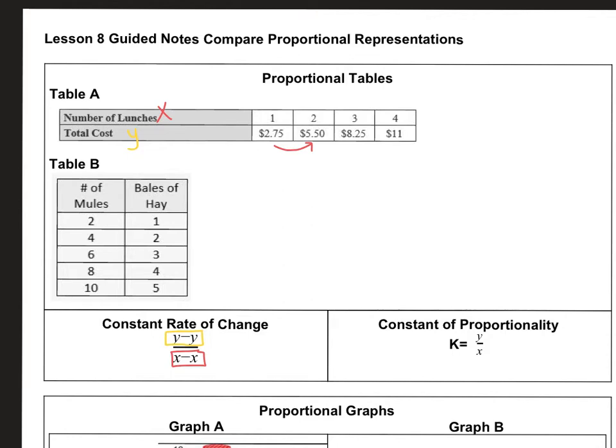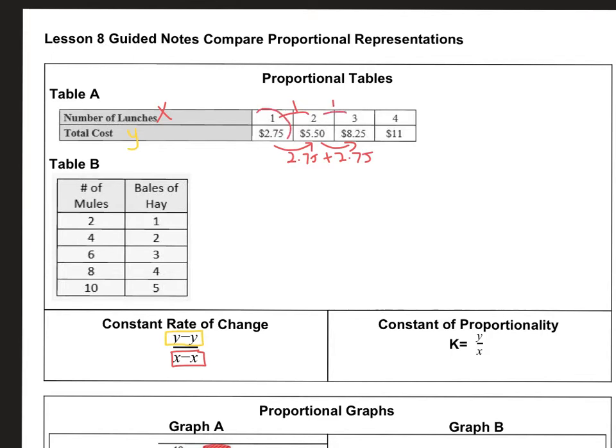When I subtract 5.50 minus 2.75, that gives me a difference of 2.75 over 1, which is just 2.75. Vice versa, if I take the change between $8.25 and subtract 5.5, I'm also going to get this increase of 2.75 for every one lunch.